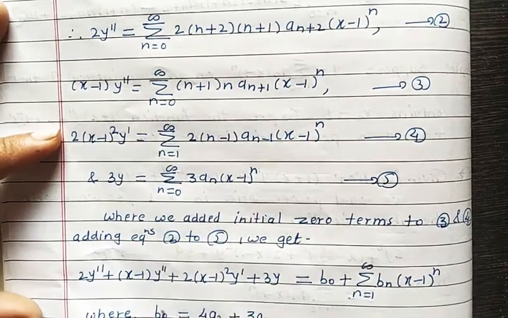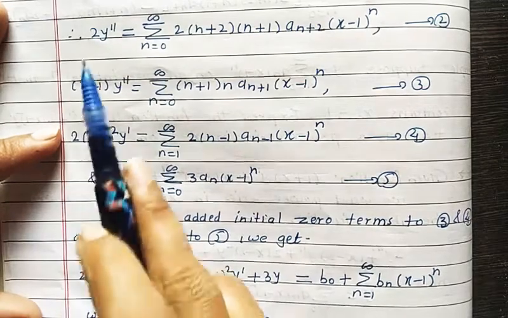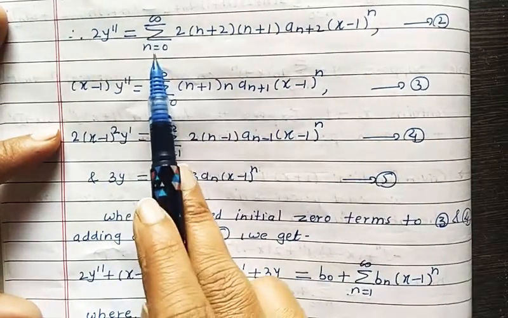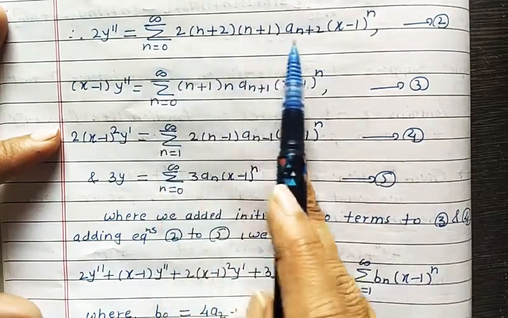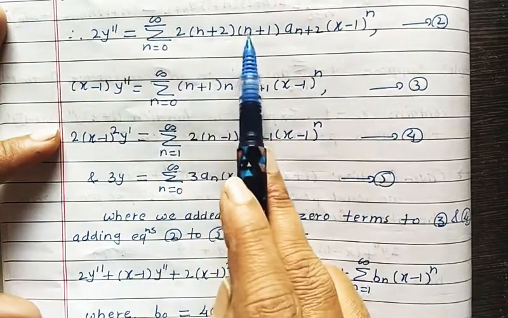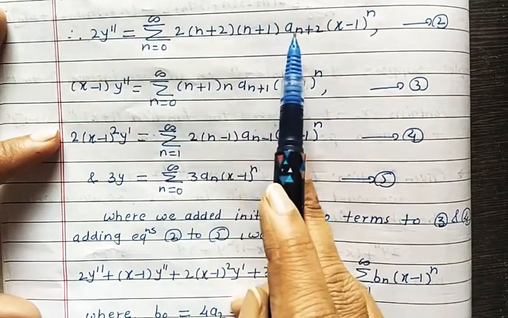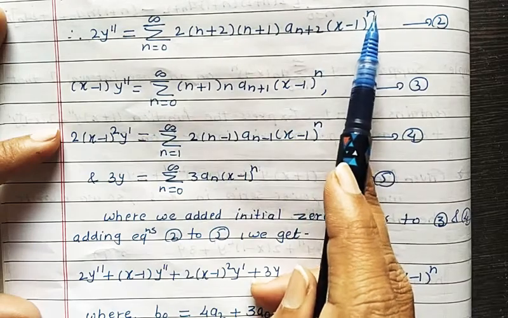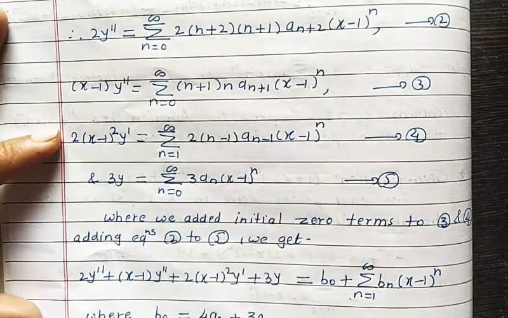Means what? Look here, the left hand side, addition of these 4, is equal to, while n is equal to 0, this part will be, what will be this term? n0, so 0, 0, 2 into 2, 4. Here a2 into x minus 1 raised to 0 means 1. So what we get? 4a2.